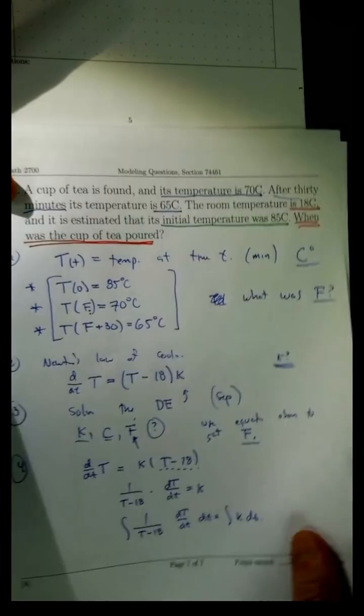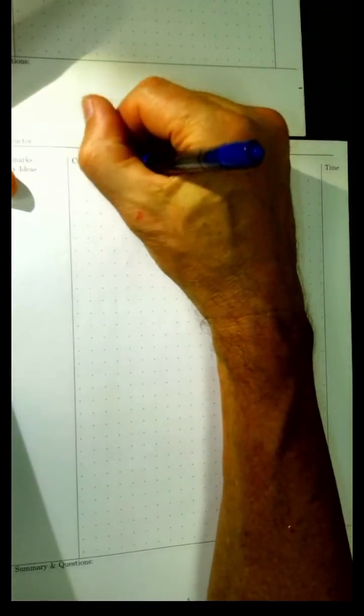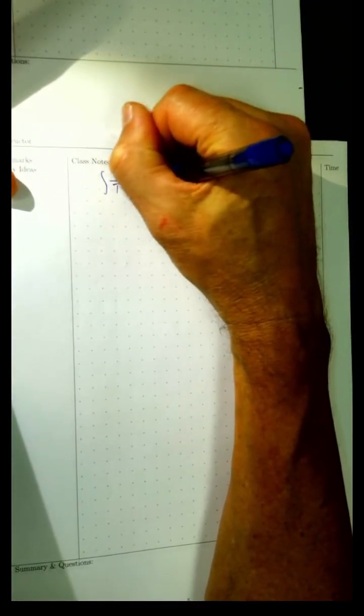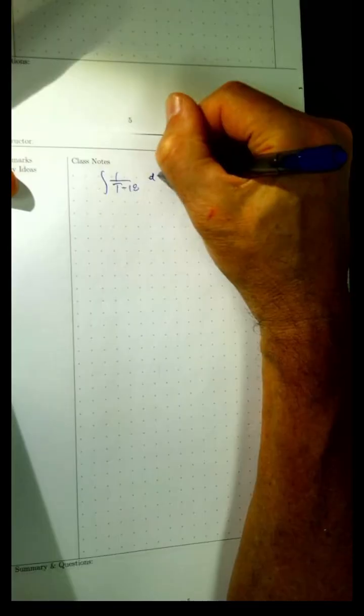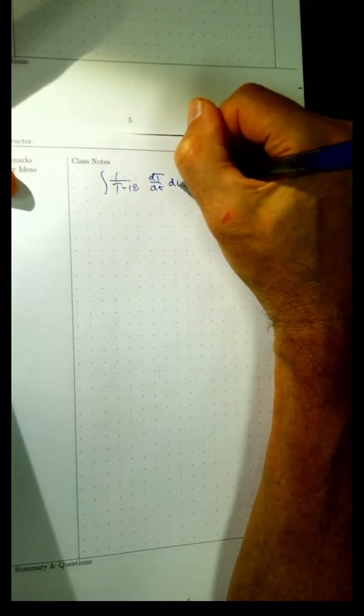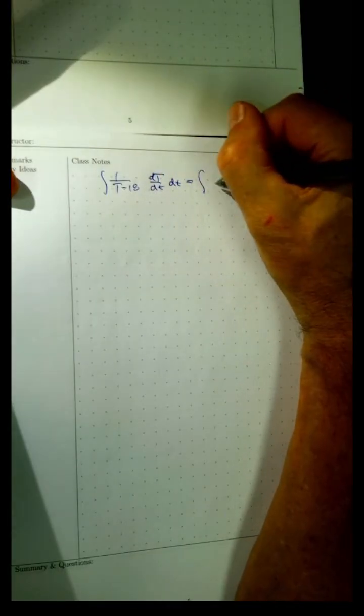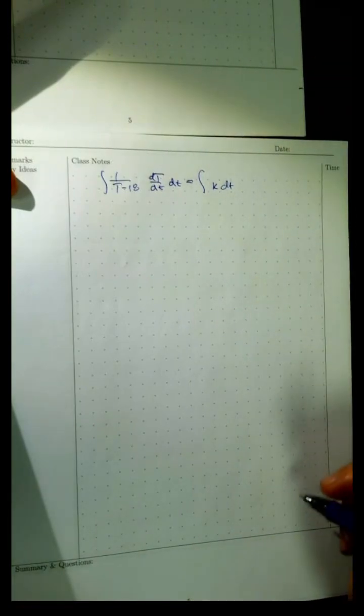All right, so let's see, what do we have? We have the antiderivative of 1 over T minus 18 times the derivative dT is k dt. K is a constant.